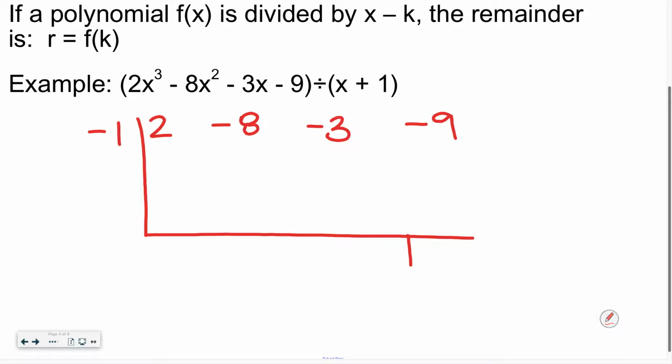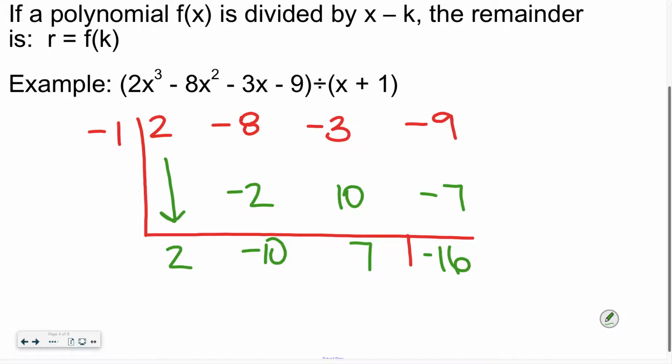All right, let's do our synthetic division. Some of you probably have already started without me. We drop the 2. 2 times -1 is -2. Add to get -10. We multiply -10 and -1 to get 10. We add to get 7. 7 times -1 is -7. And we add this column to get -16. Our remainder is -16.